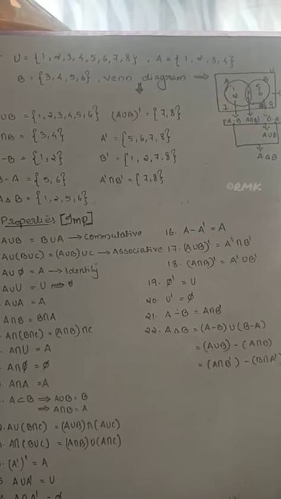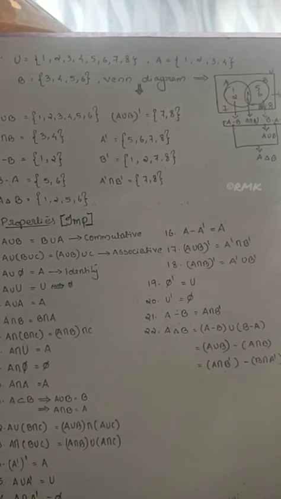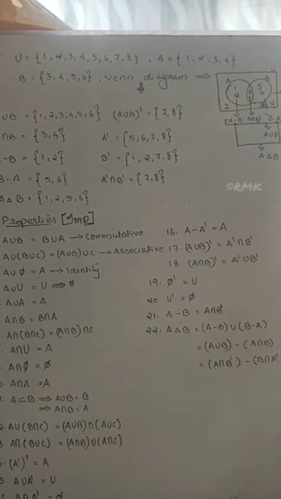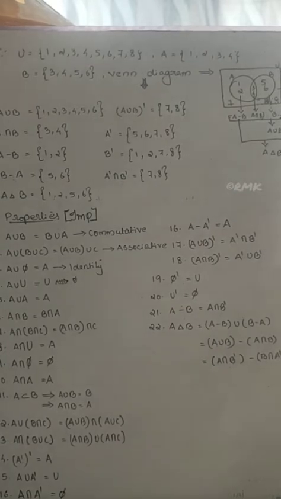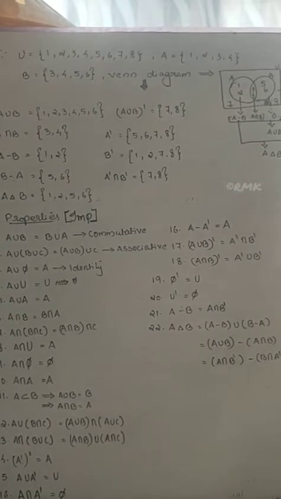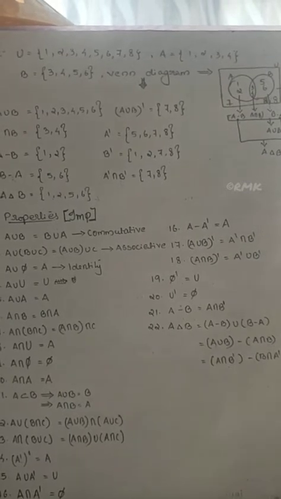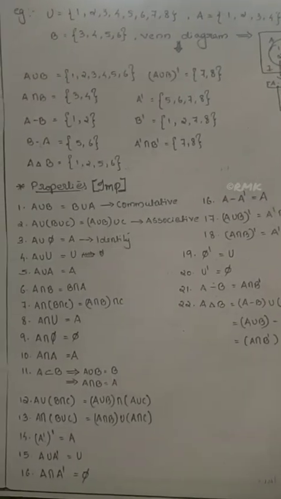B complement is 1, 2, 7, 8. A complement intersection B complement: both contained in A complement and B complement. Common members between A complement and B complement are 7 and 8.